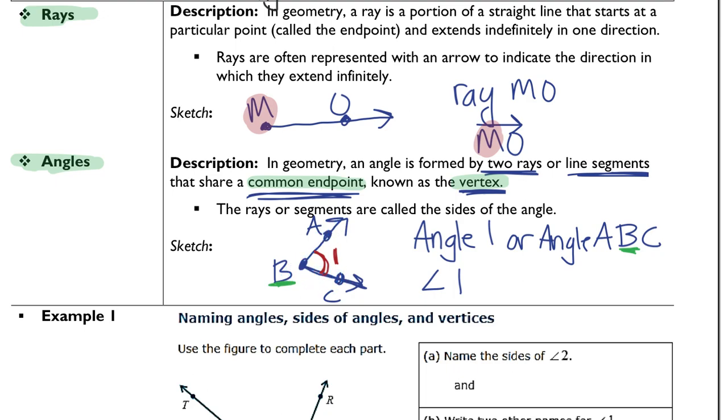Where do they share? So let me move this over a little bit. And then angle C, B, and then A. Again, we could write that as angle A, B, C, or angle C, B, A. I like to do the symbol way here.